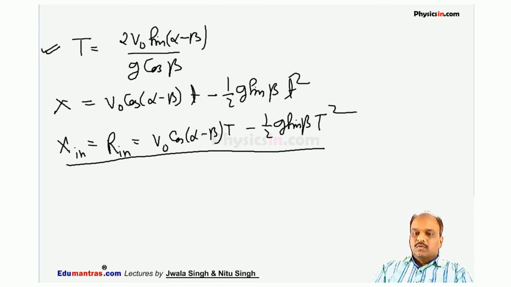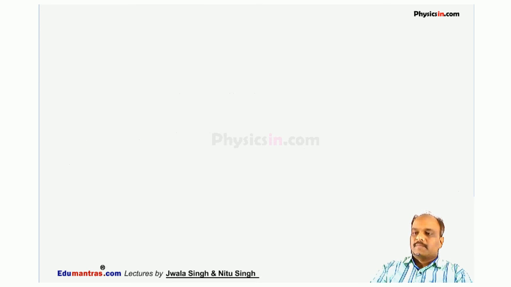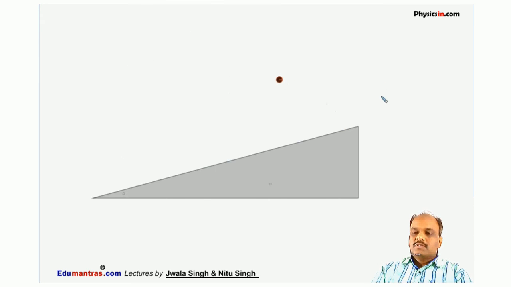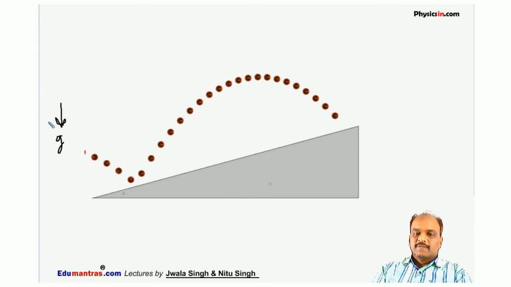Now we'll discuss when a particle is projected from the top of an inclined plane, as shown in this figure. This is a particle, it is projected from here, and it strikes the inclined plane at some distance. Acceleration due to gravity is g, which is acting vertically downward. We have to calculate the distance and the time of flight in this case.